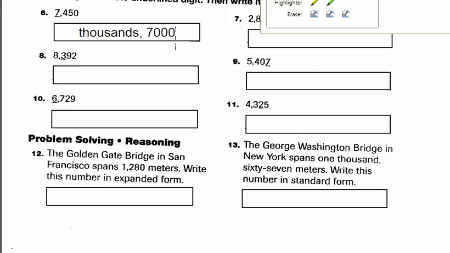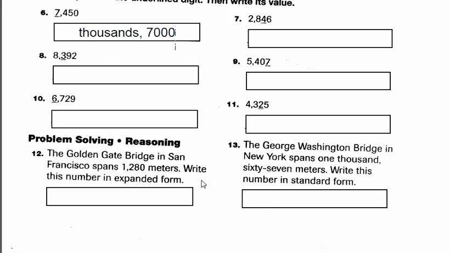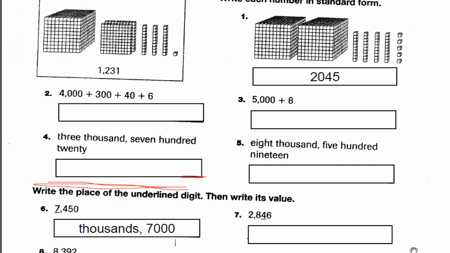For 12, look what it says. It says to write the number in what form? Expanded. What am I going to use? The zeros and plus signs, right? Just like this. This is 4,000 plus 300 plus 40 plus 6. That's an expanded form.